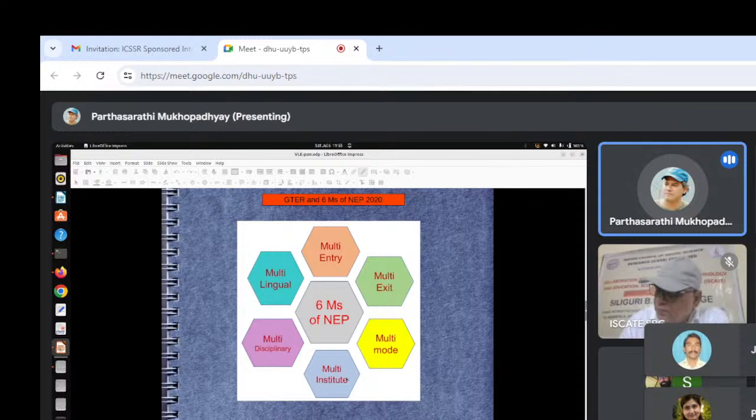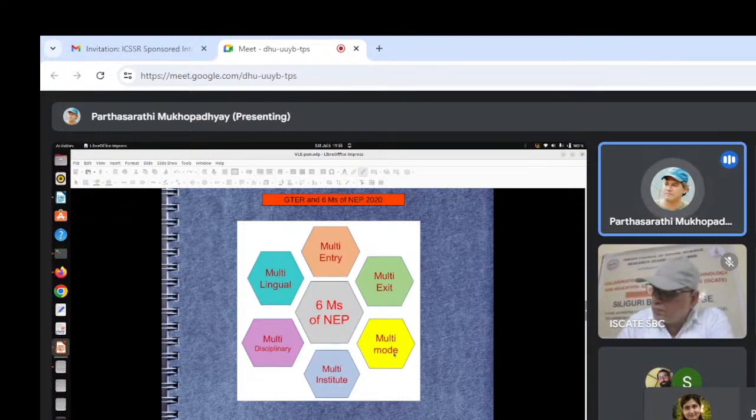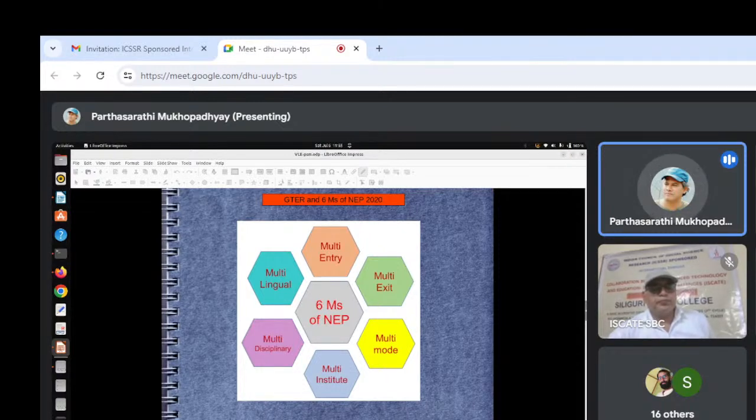Then it is saying that education must be multimodal and multi-institutional. What does it mean? That means it will no longer be physical classroom, offline based education alone. Online education, virtual learning education will be a very important component of the future higher education system. Multimodal and then multi-institutional.